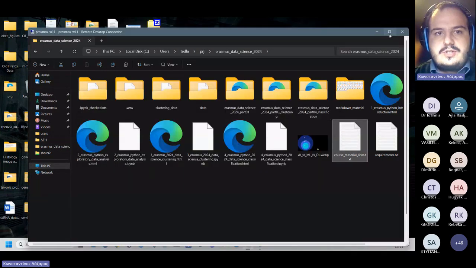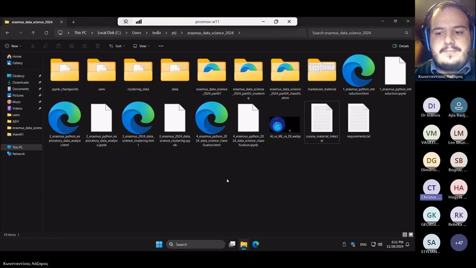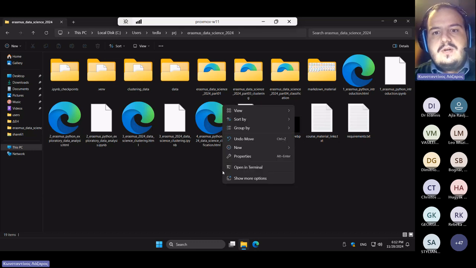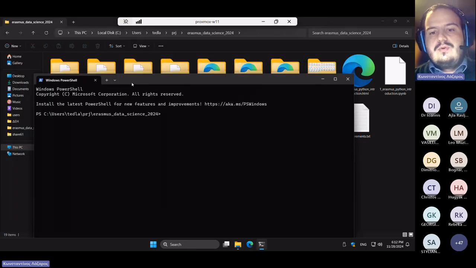With that being said, let me share my screen real quick. So I'm guessing that you can now also see my screen. Is that correct? Okay, great. Before we move on with classification, for those of you that perhaps got a bit of time to spend on the materials, is there any question or anything you'd like to discuss on clustering or any of the algorithms that we saw yesterday?